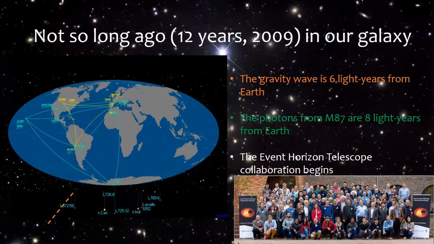Contrary to its name, the Event Horizon Telescope is not just one telescope, but many around the world, combining forces, collecting light from a source, and combining them to give them the requisite high spatial resolution to compare to the simulation of M87's black hole that I showed you before. At this point, the gravity wave is only 6 light years away, and the M87 photons are trailing behind by just 2 light years.